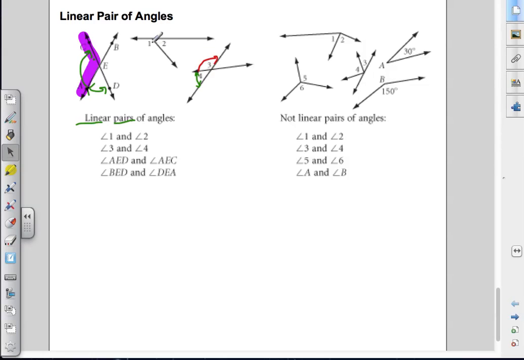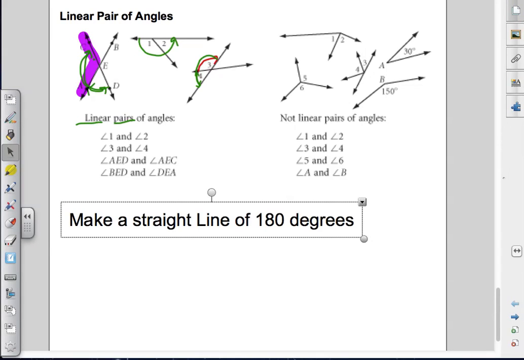Because if you notice, we go from here to here, we go through two angles, and we get a straight line. From here to here, we go through two angles, and we get a straight line. From here to here, we go through two angles, and we get a straight line. So, linear pairs make a straight line of 180 degrees.